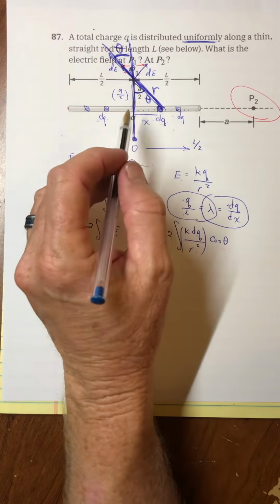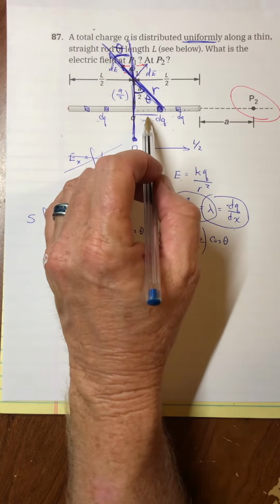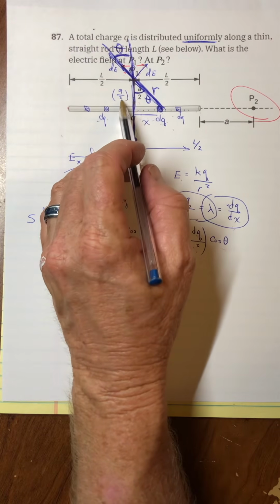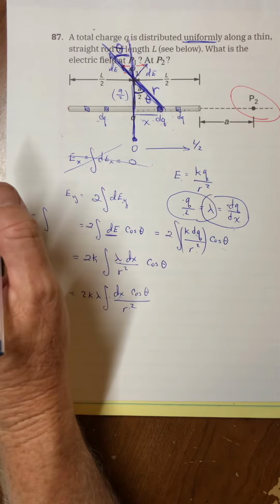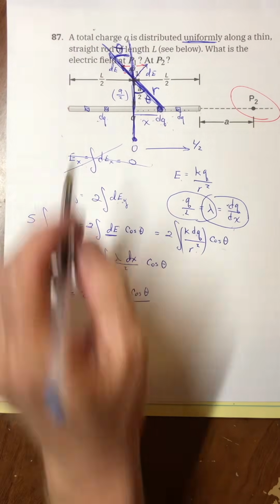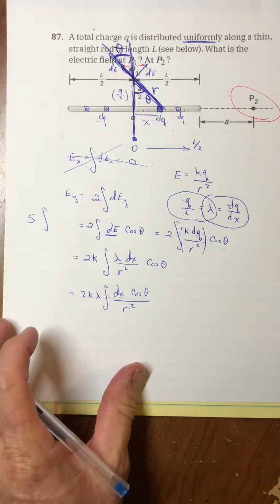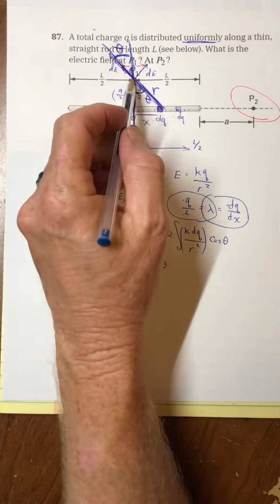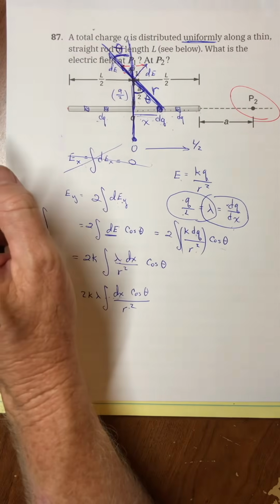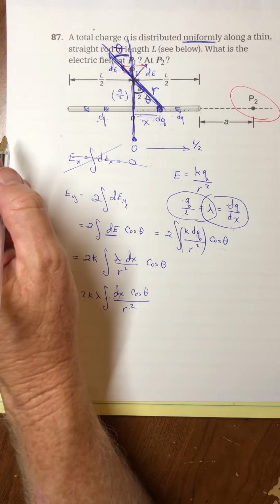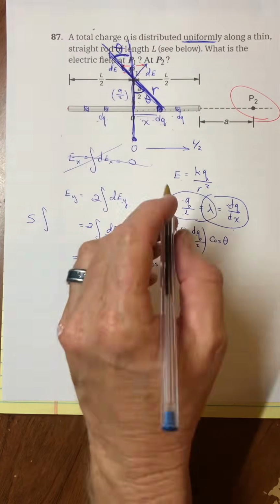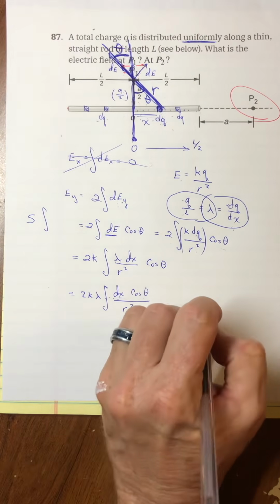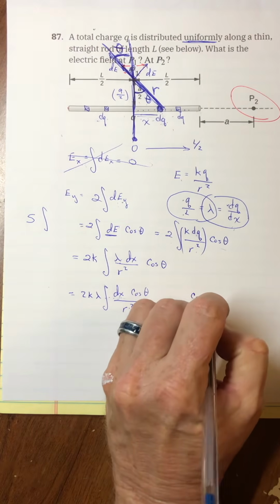Because my first reaction is a Pythagorean theorem that says, okay, well, this x squared plus a over 2 squared would equal r squared. And that would change my r into an x, but that doesn't really solve my problem because the x changes. And so I got rid of one thing that changes and replaced it with another thing that changed. So what this is telling me is I should probably look at cosine theta for a second.